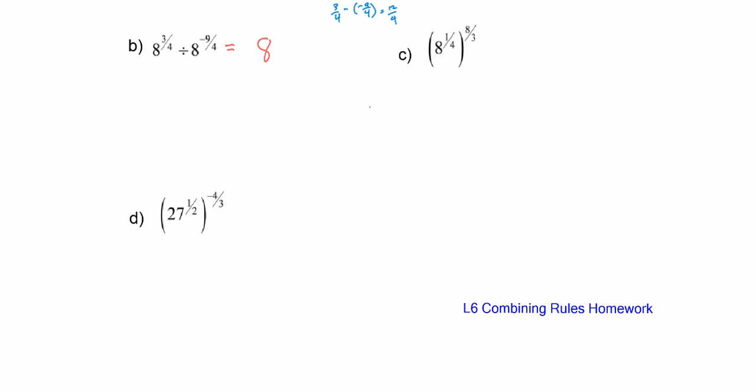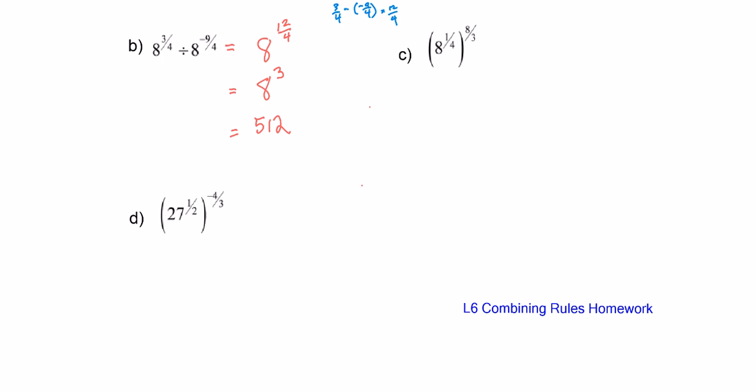So we end up having 8 to the 12 over 4. Now we're going to simplify 12 over 4 to be 3, because 12 divided by 4 is 3. Then all we're going to do is apply our exponent and get our evaluated form, which is 512.